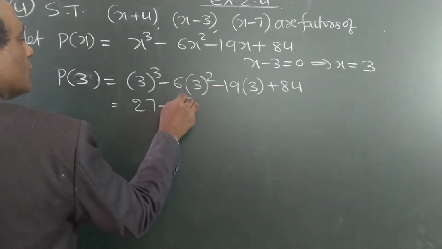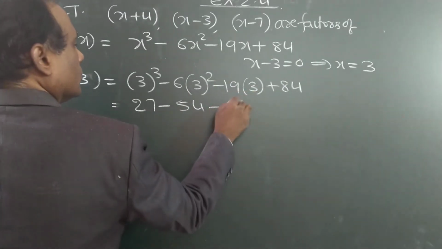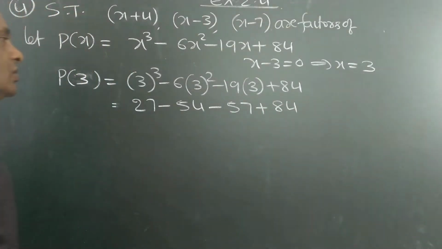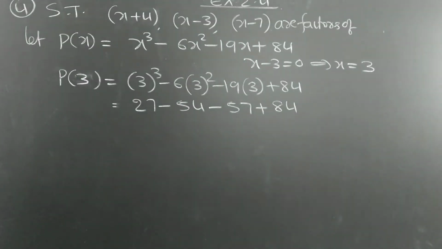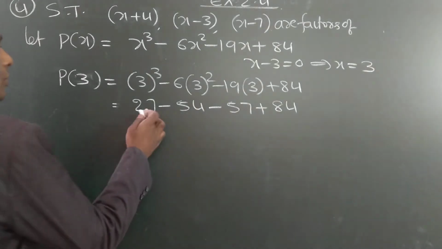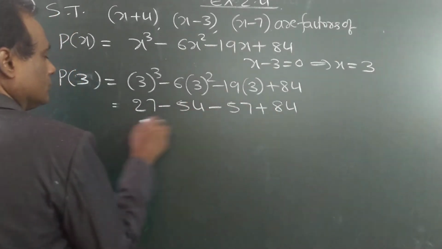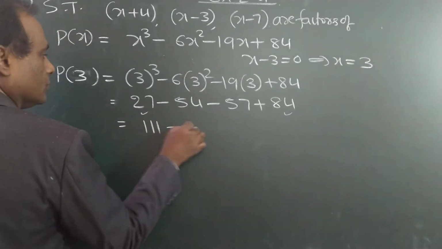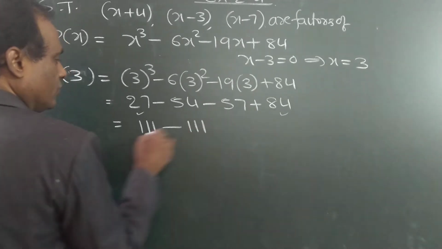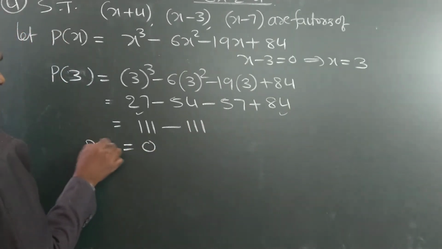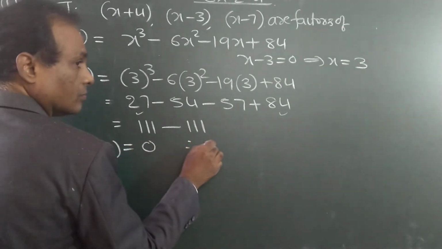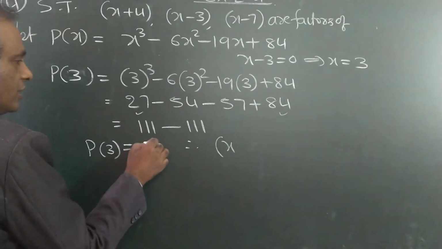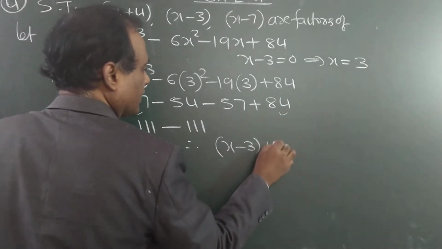Three square is 9. 27 plus 84. Plus terms you add, minus terms you add, 0. P of 3 is 0 means x minus 3 is a factor.